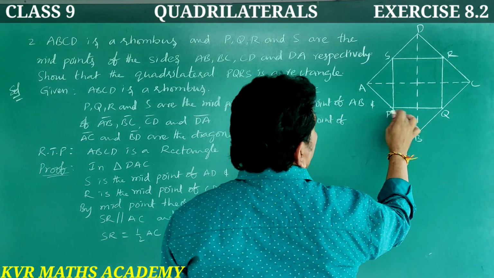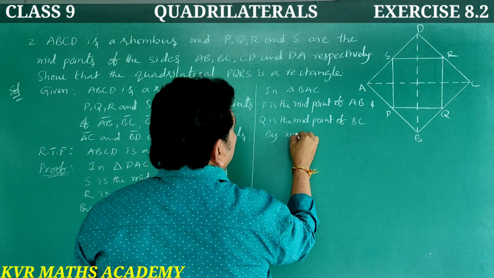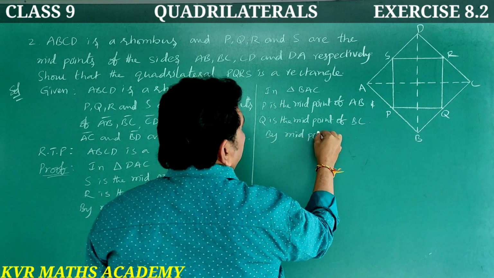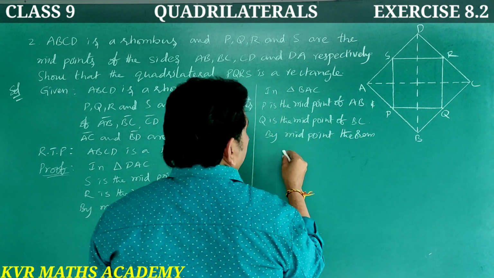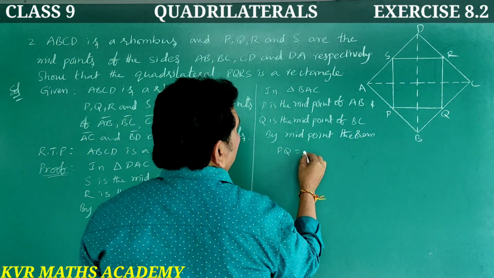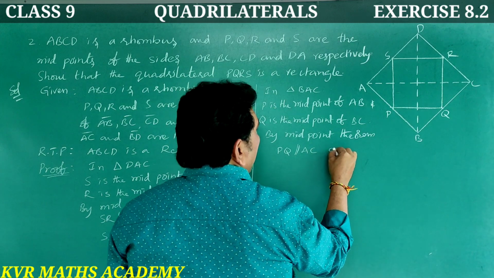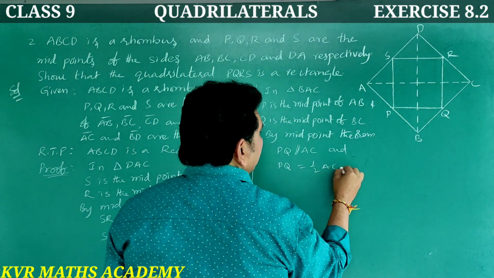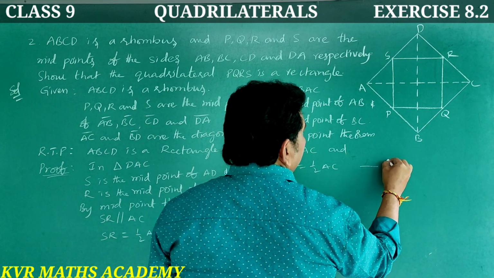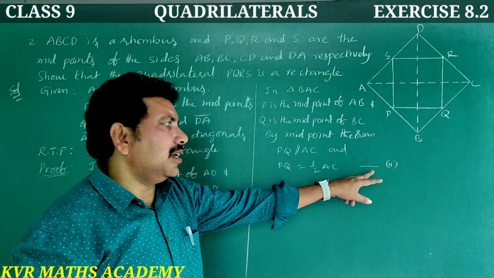Right? Again by midpoint theorem, yes, PQ is parallel to AC and PQ is equal to half of AC, right? This is equation number 2. This is equation number 1 and this is equation number 2.